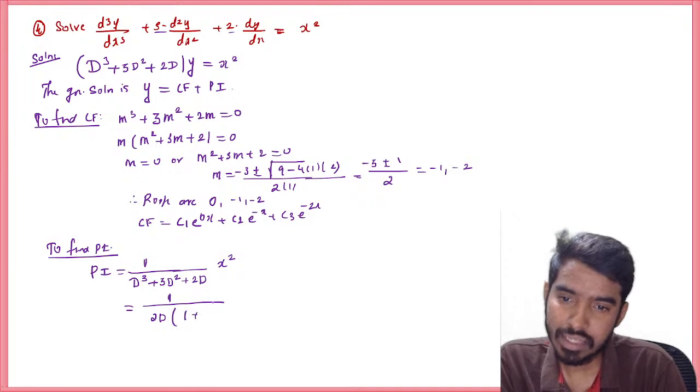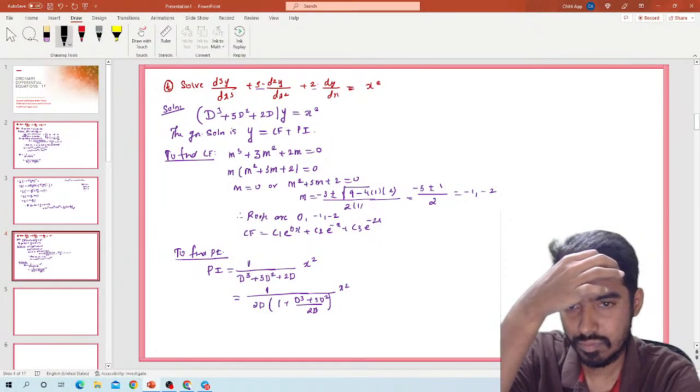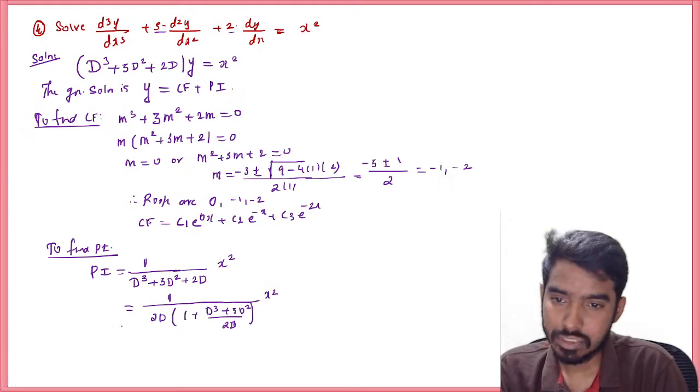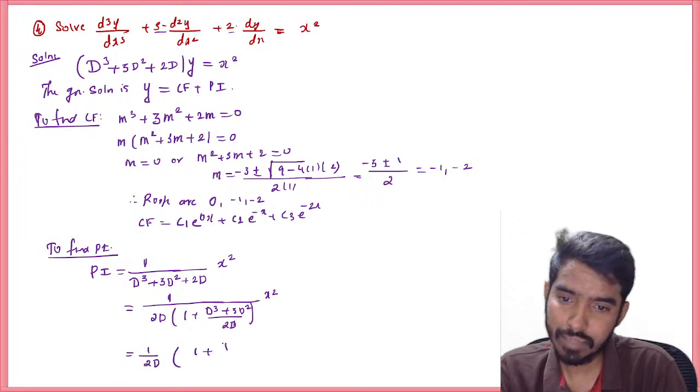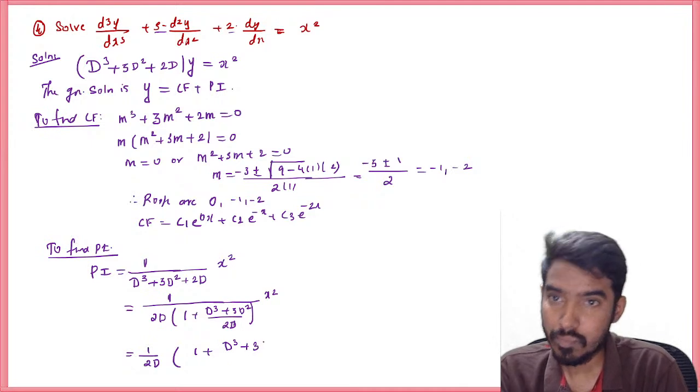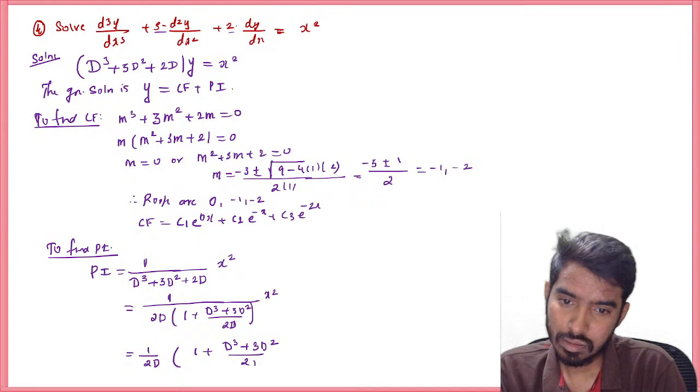So it will be 1 by 2d times 1 plus d cube plus 3d square by 2d, whole power minus 1, into x square.